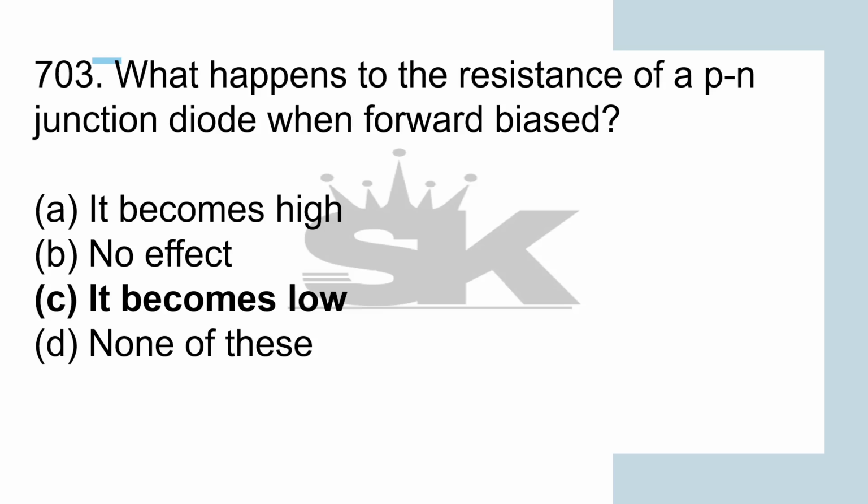Okay, the junction resistance becomes very low. The holes from the p region move to the n side and electrons from the n side move towards the p side. Okay, the movement of holes and electrons constitutes hole current and diffusion electron current.